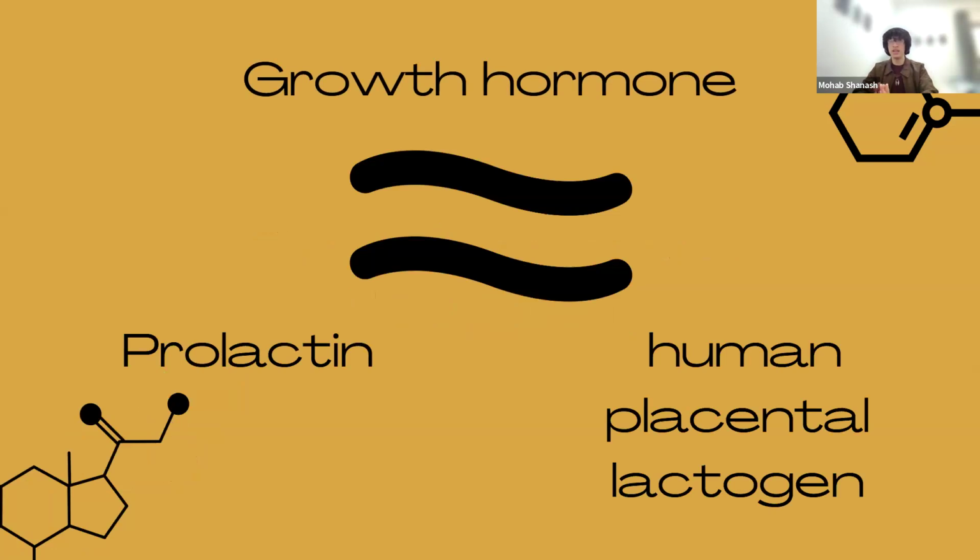Now, growth hormone is structurally similar to prolactin and human placental lactogen, okay? So they're structurally similar to both of them, and there is actually an overlap in their function.